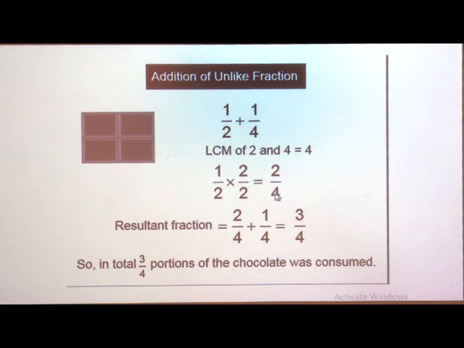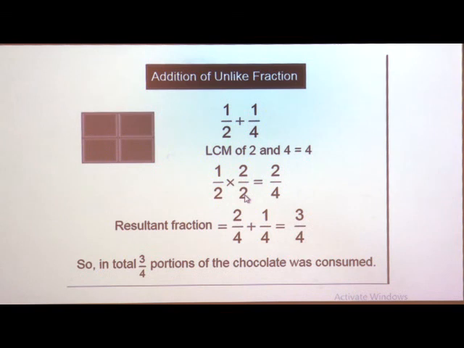How is it? I will explain. Because you have got the LCM as 4, we have to make the denominator 4. To make the denominator 4, I took the first fraction as 1 upon 2, so we have to multiply it by 2.